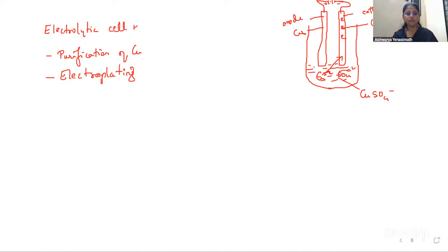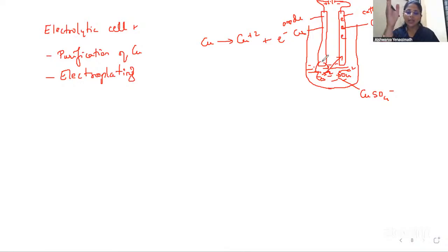Now, what is my anode made up of? My anode is Cu. Now see, Cu can lose electrons. Cu will lose electrons and become Cu2+. Where will that Cu2+ come? By losing the electrons, Cu2+ is coming into the solution.